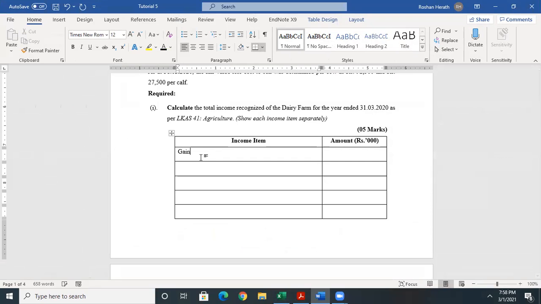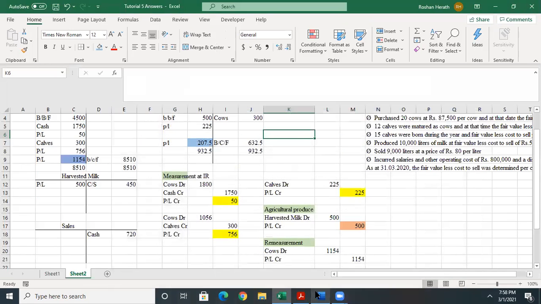Some of the gains resulted from measurement at recognition. At the initial point of recognition, you have seen some gains.